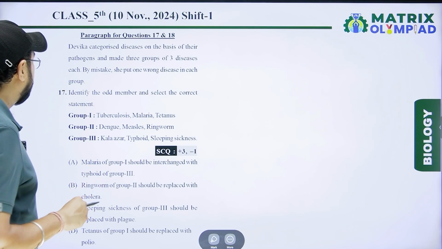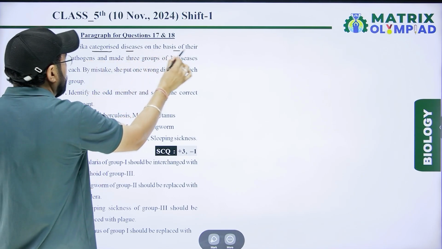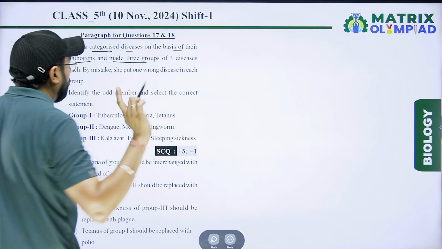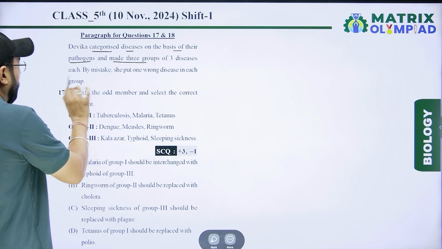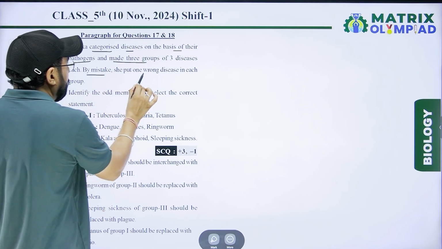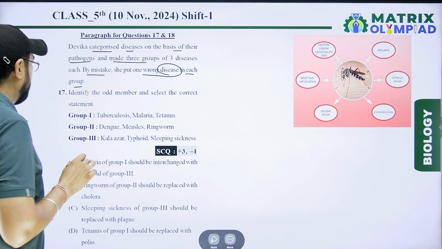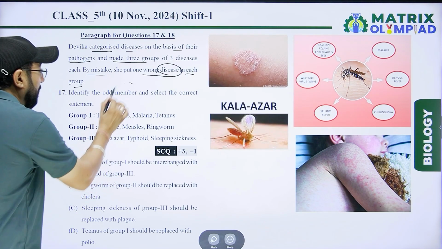Next question is, Devika categorized diseases on the basis of their pathogen and made three groups. But by mistake, she put one wrong disease in each group.